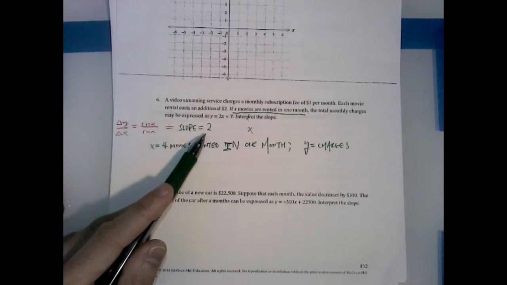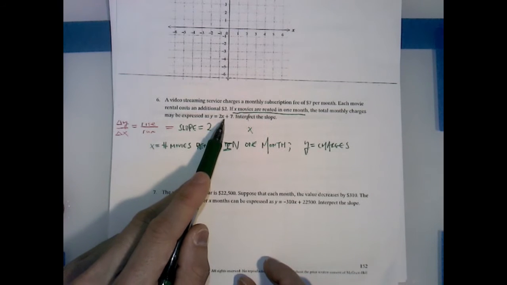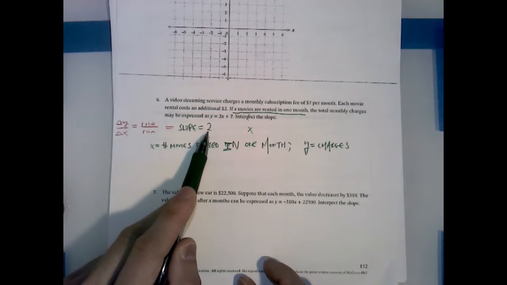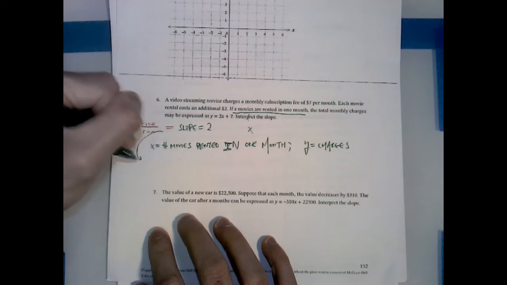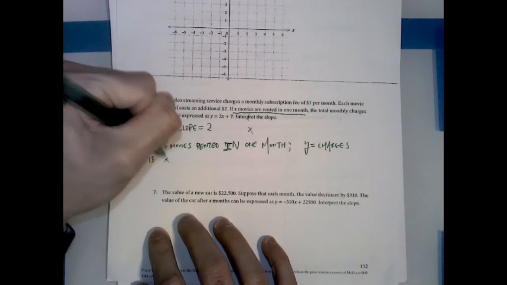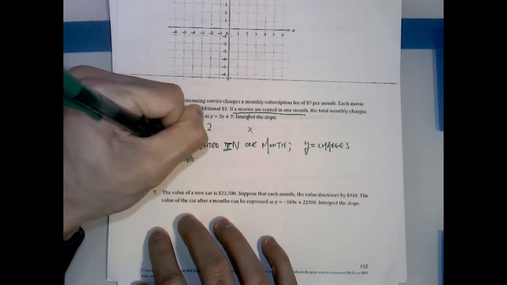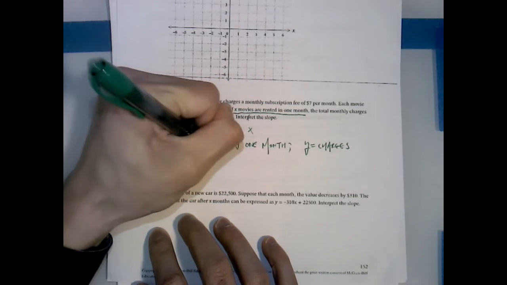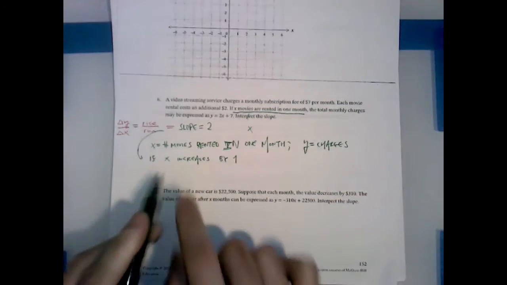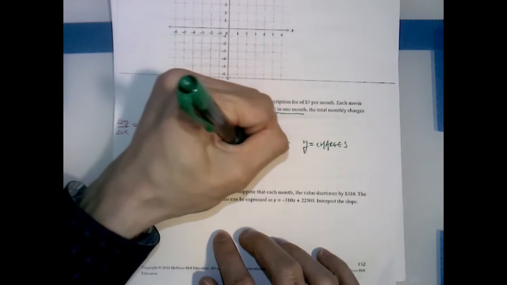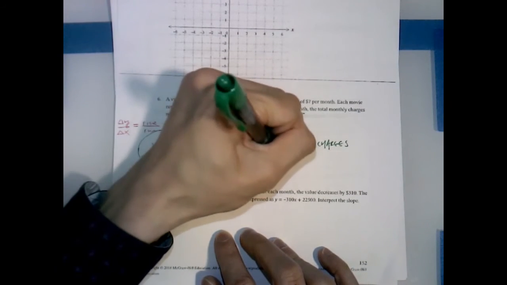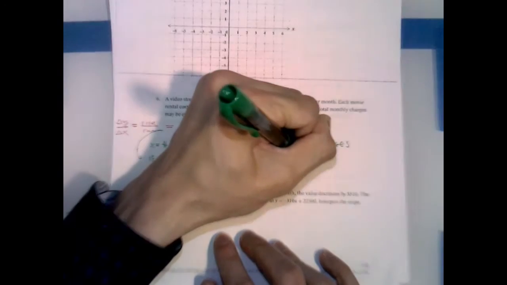If x goes up by 1, then you have to pay an additional $2. So if x increases by 1, then y increases by 2. That's one way you can think about this.